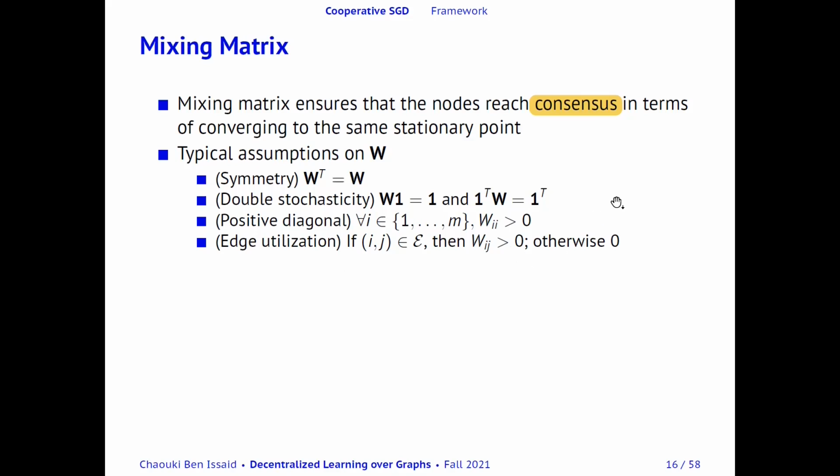Otherwise, it is equal to 0, which makes sense. It means that node i will only use the information coming from its neighbors.